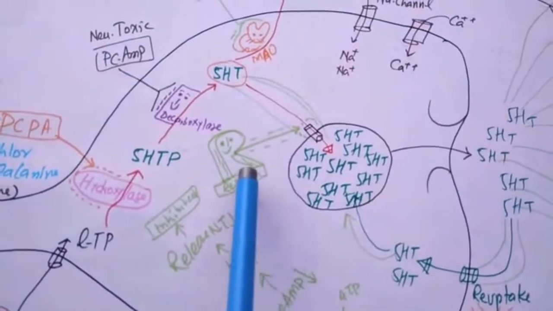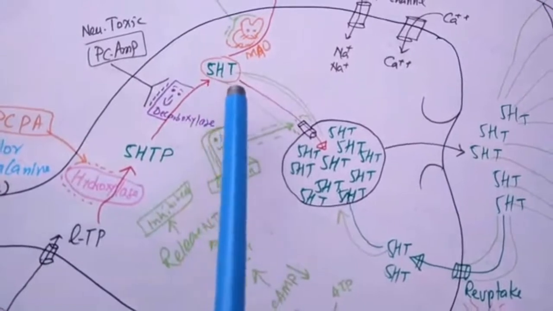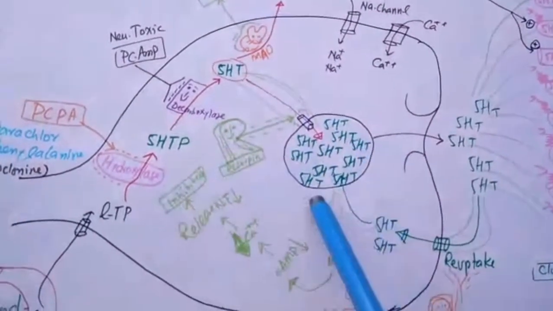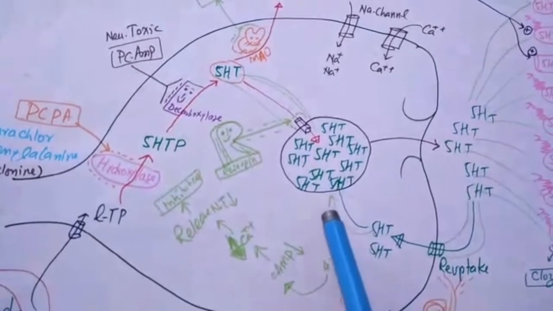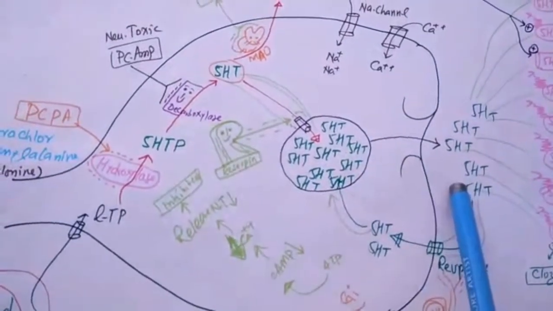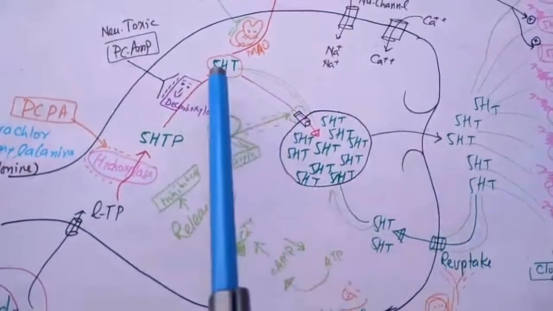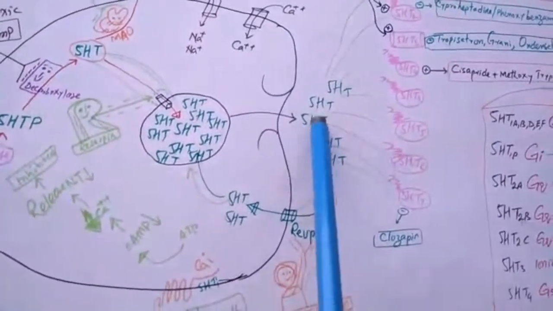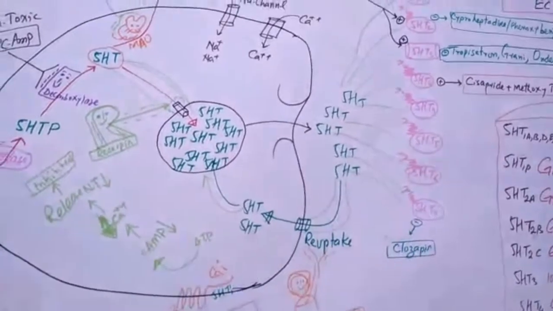Second, if the 5-HT is scattered in this cytoplasm, there is no release mechanism for individual 5-HT in this synaptic space to react with cells.